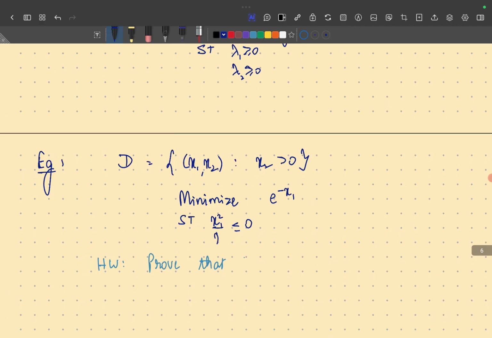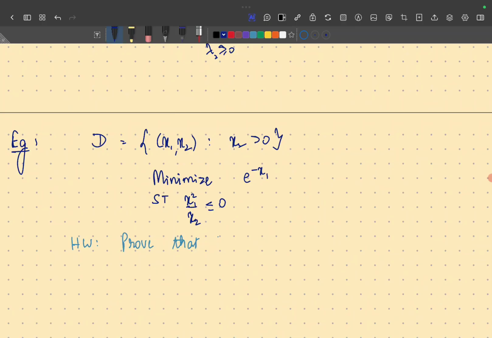So x1 square by x2 is less than or equal to 0. So first convince yourself that this is indeed a convex optimization problem.